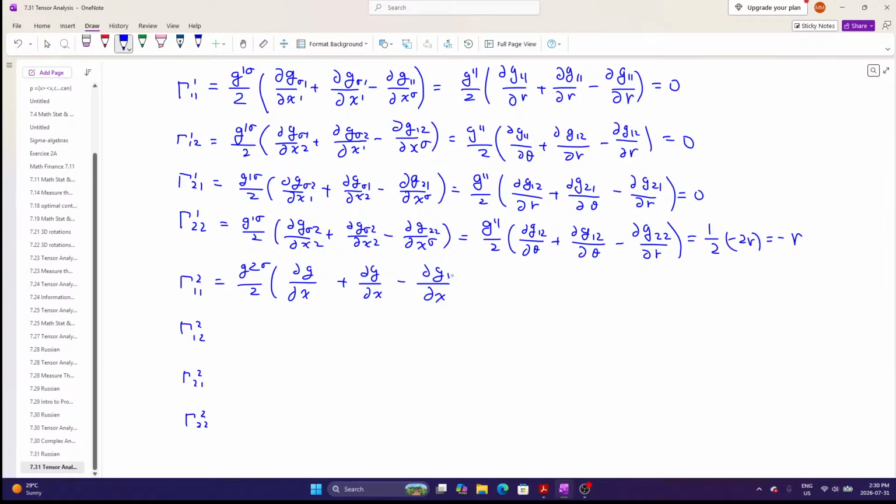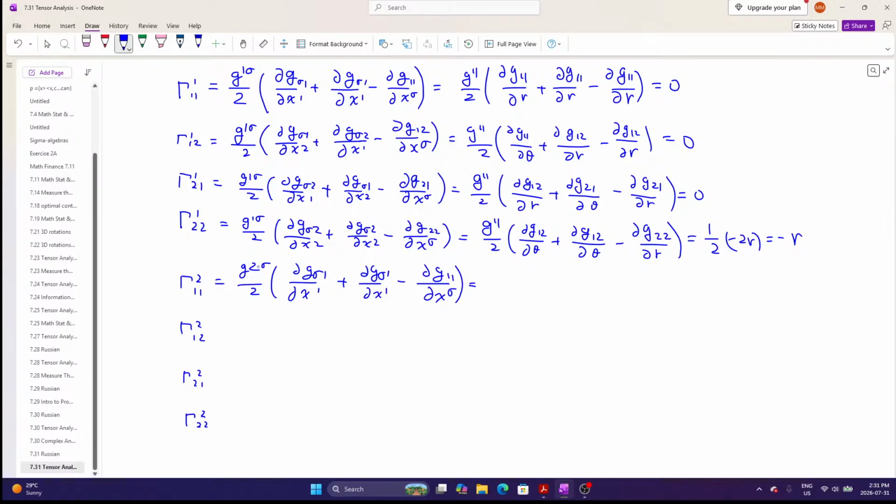So dg over dx plus dg over dx minus dg over dx. Gamma 2 1 1. What does this lead to?